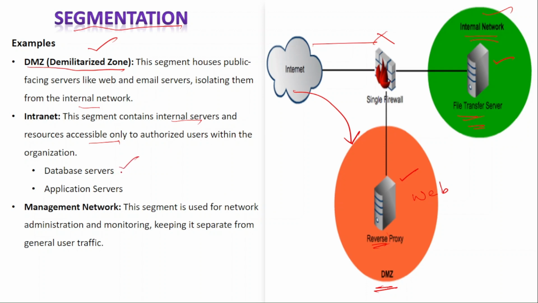Database servers are highly sensitive servers because they contain the actual sensitive data, and maybe application servers. So usually the web servers are those that are accessible from the external network, such as the internet, and all other servers such as database server, file server, or even application server are inside your internal network.